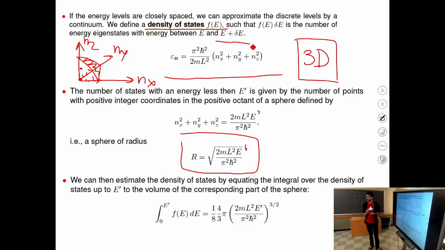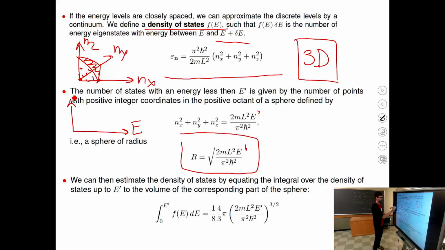And so you can see that this is a very important function because, in the space of nx, ny, and nz, the states are equidistant. They just occupy the sphere. But what if I want to plot energy versus the number of states?